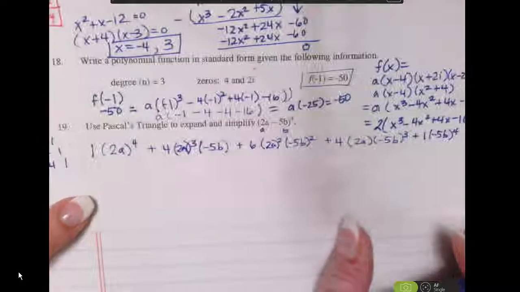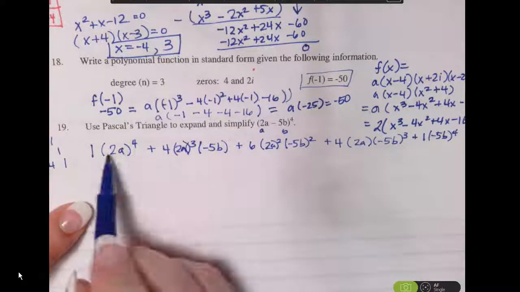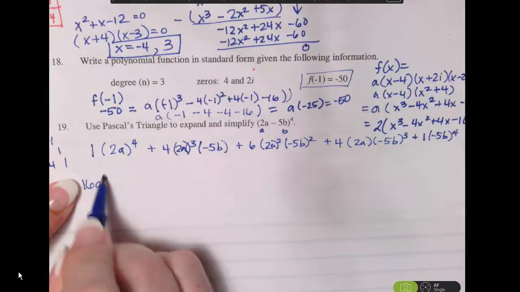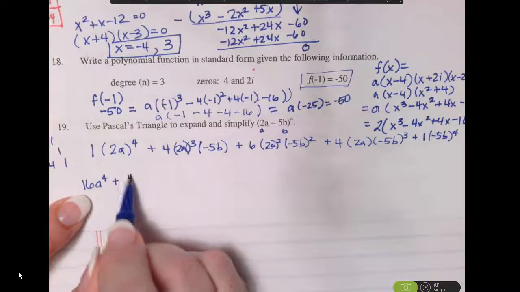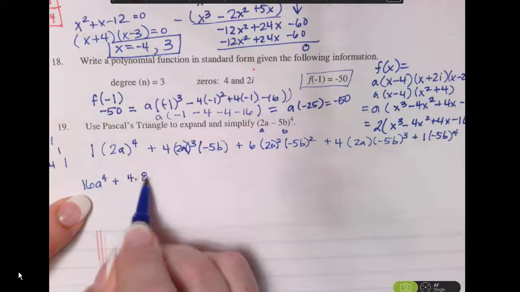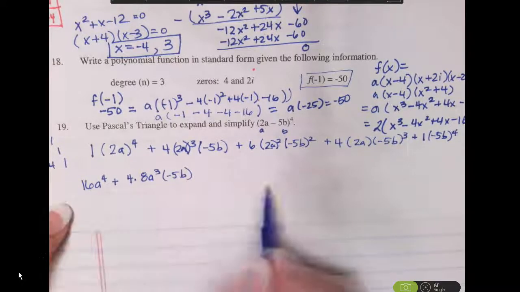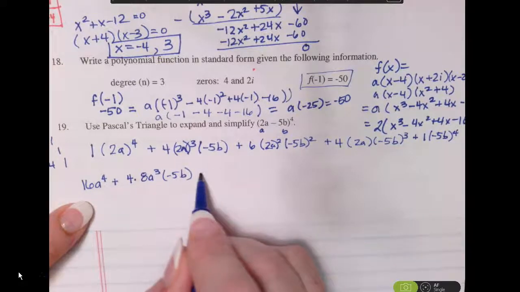So once I've got that all written out, then I can go back and do the math. So 2a to the 4th, that's 16a to the 4th. And then 2a cubed is 8a cubed times negative 5b. So I'm actually going to do this in 2 steps because I'll have to go back and multiply all that stuff.